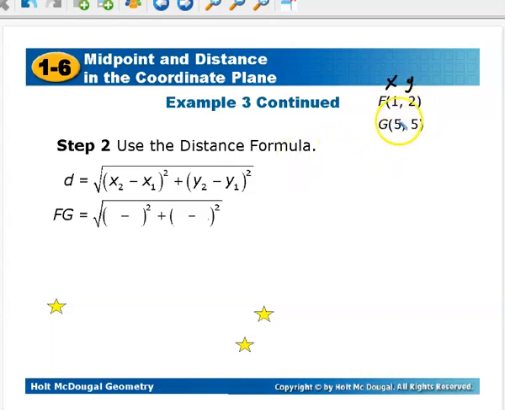Here are the x values I'm going to use. Here are the y values I'm going to use. Substitute them into my formula. Now it's just a process of doing my math, right? Using PEMDAS, we'll do what's inside the parentheses first, square it, then find the square root.